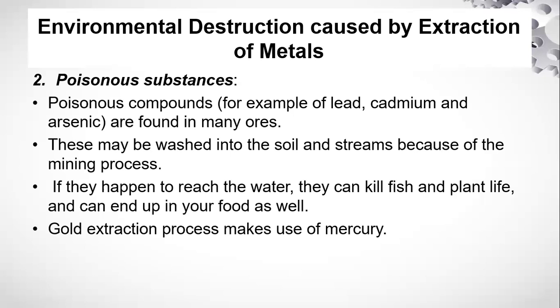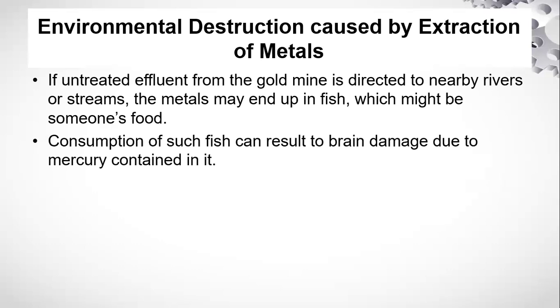Gold extraction processes also make use of mercury, which can be dangerous to us if consumed from various food substances. If untreated effluent from the gold mine is directed to nearby rivers or streams, here we are talking about the mercury generated from gold mining, the metals may end up in the fish, which might be someone's food.